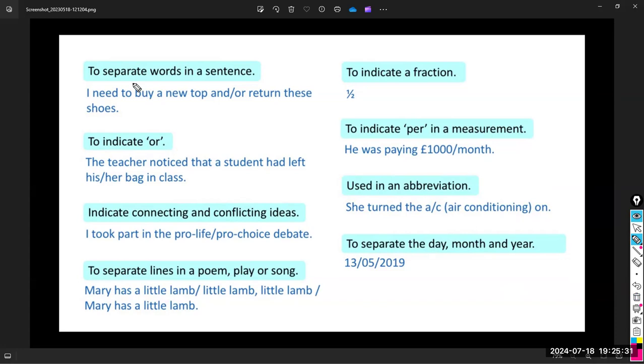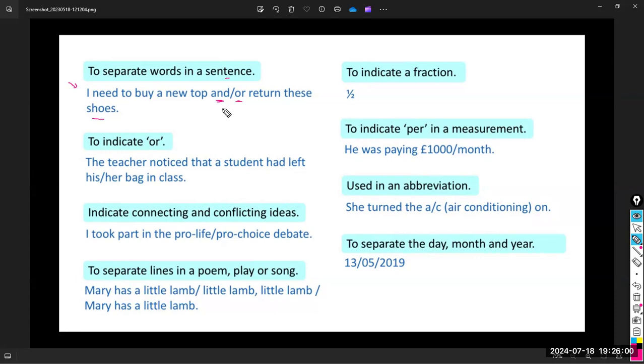So we said that usage number one is to separate words in a sentence. Let's take a look at this example. Notice if you want to say, I need to buy a new top and or return these shoes. So notice that in a sentence, to separate words, you can use and, you can use or, both of them are correct.